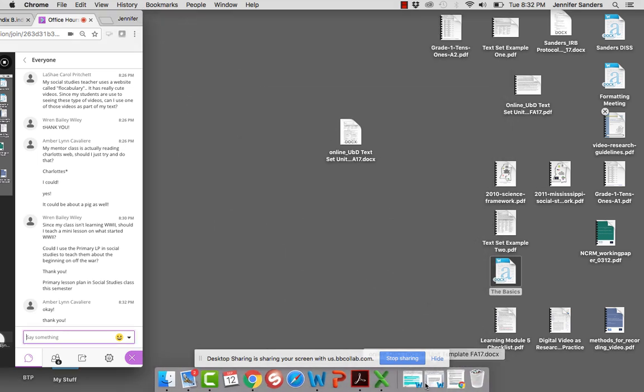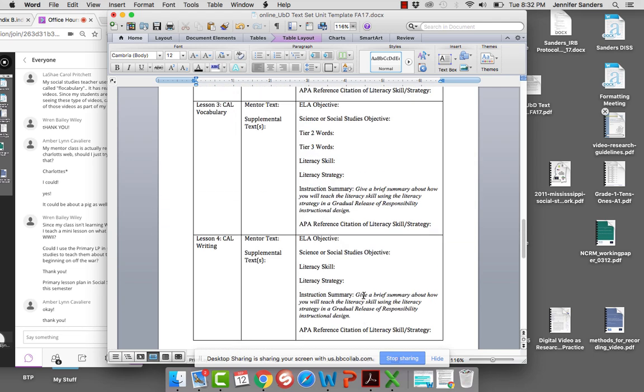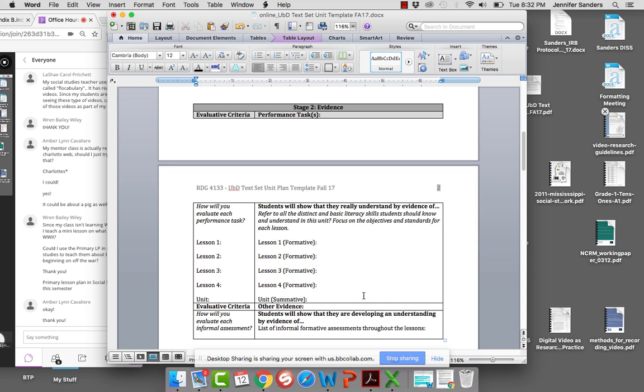No problem. So back to where we were. All right, we're good on text rationales. So now let's go to stage 2, which is the evidence. And when we talk about evidence, what do you want them to do? Formative, formative, formative, formative in each lesson.